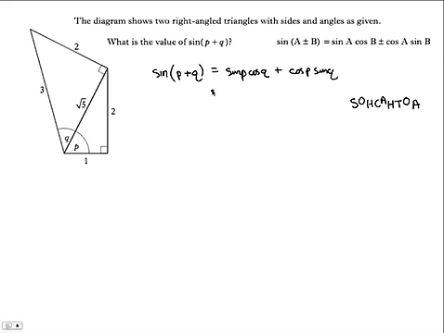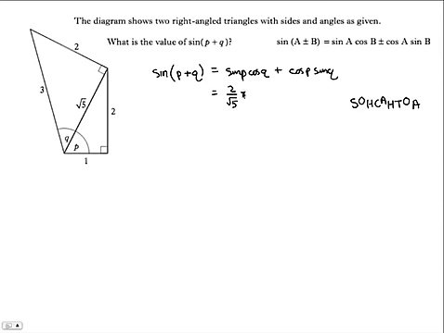So let's work our way through this. The sine of angle P, sine is opposite over hypotenuse. There's P, we're looking at this right angle triangle. So the sine of P would be the opposite, that's 2 over the hypotenuse root 5. So that's 2 divided by root 5.